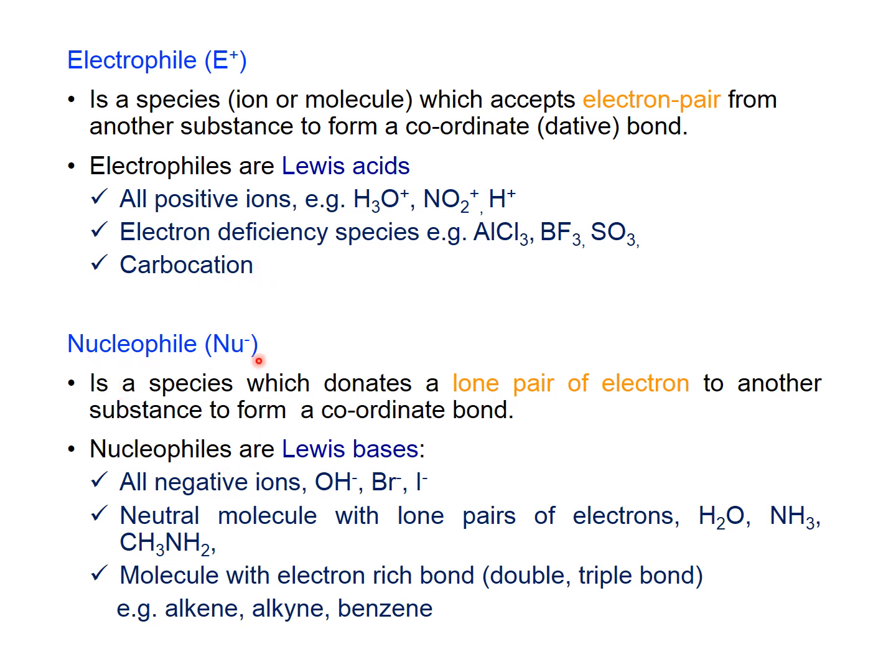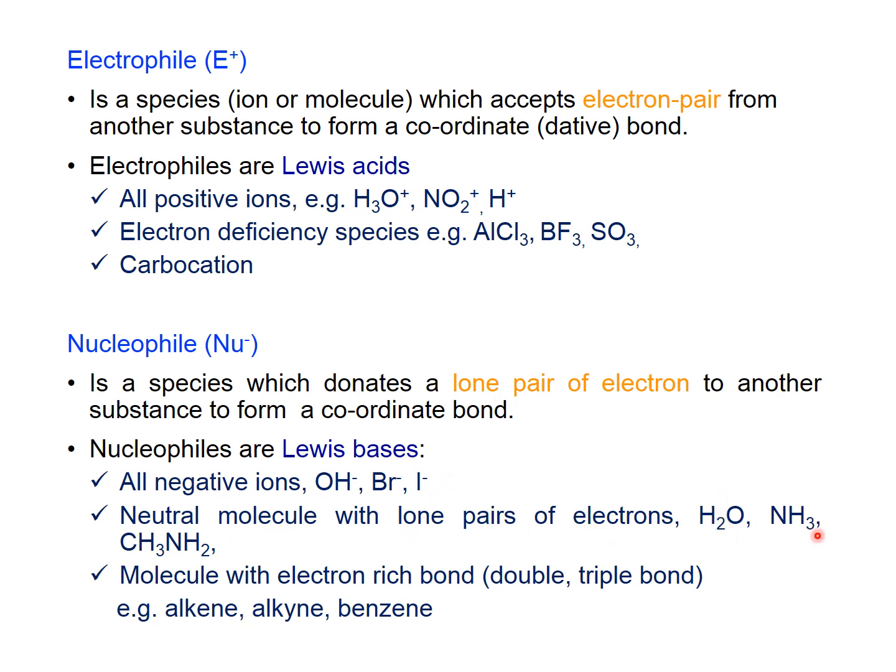Okay, nucleophile pula. Nucleophile ada Nu negative, so it's a negative charge. It is a species which donates a lone pair of electrons to another substance to form a coordinate bond. Nucleophiles are Lewis bases. This is a definition of your Lewis base. Donates lone pair is a Lewis base. All negative ions, OH negative, Br negative, I negative. Neutral molecules with lone pairs of electrons.